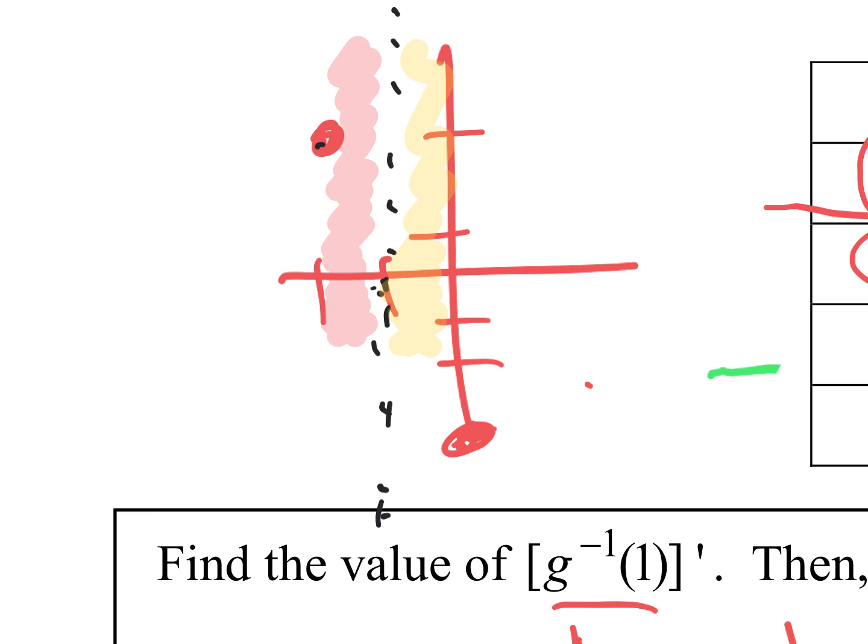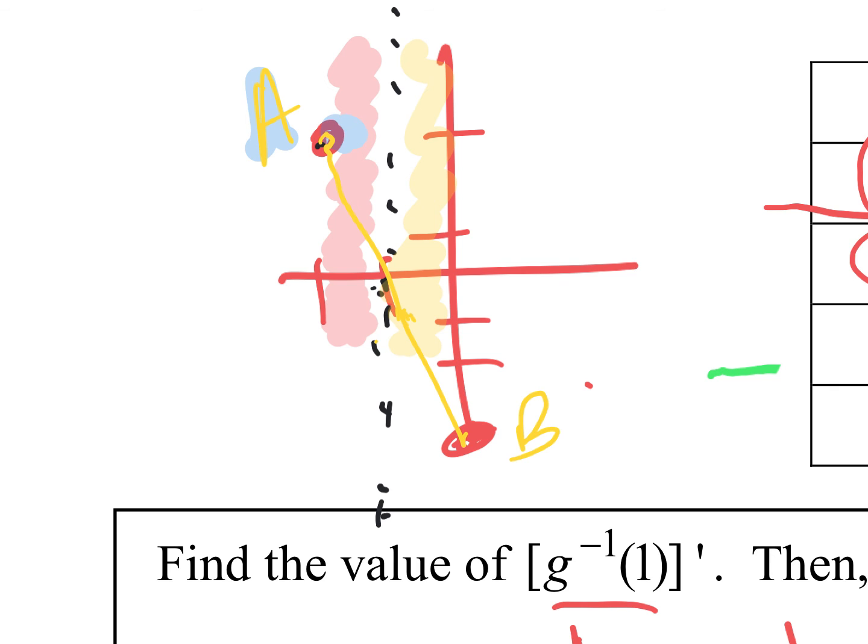All that I do know is that between these 2 points, in order to go from point A to point B, the function had to be doing what? Decreasing. Because why? The slope of that secant line is what? Negative.